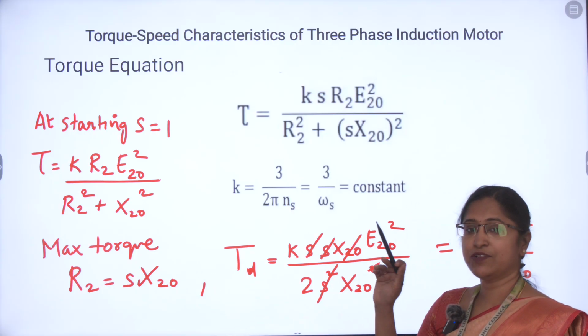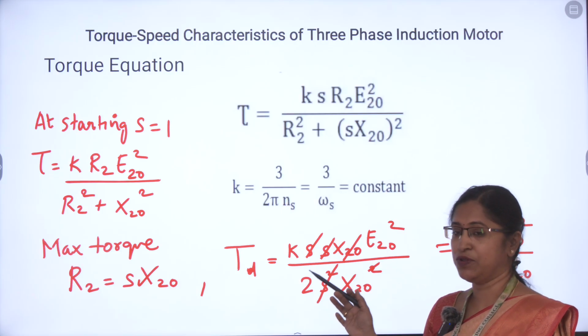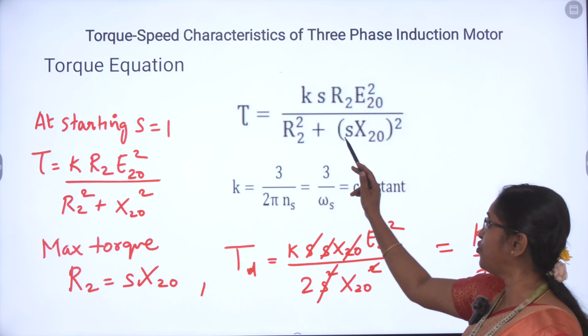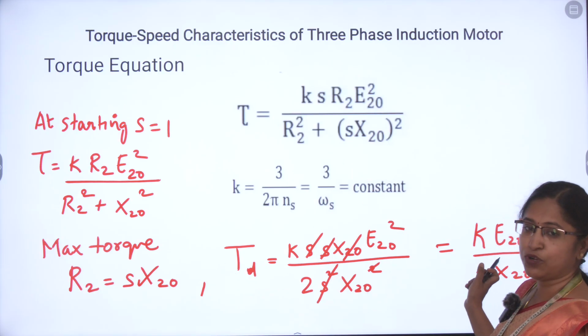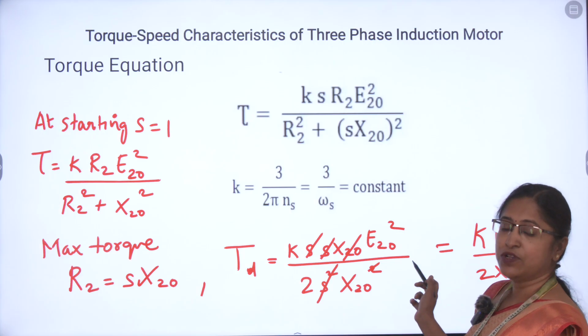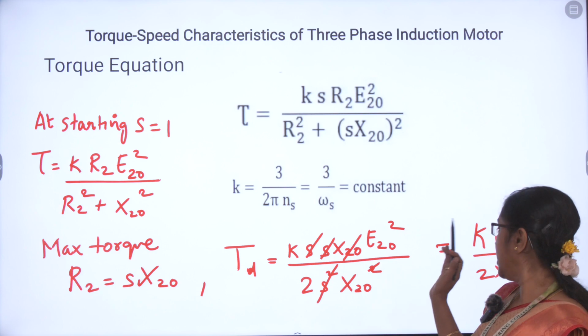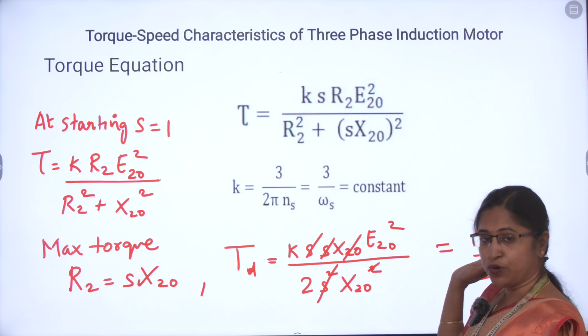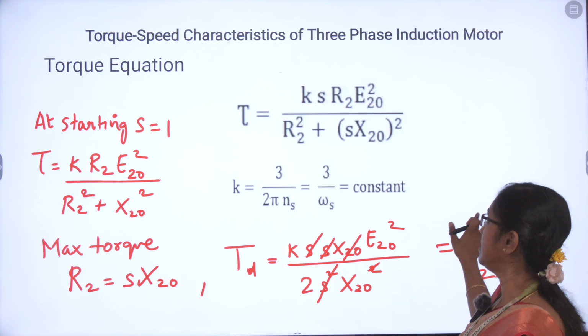The rotor resistance will be equal to S times the reactance value. Substituting this in the formula, the torque value becomes K E2 naught square by 2 X2 naught. So the maximum torque depends upon the rotor EMF and the reactance, but not the resistance.